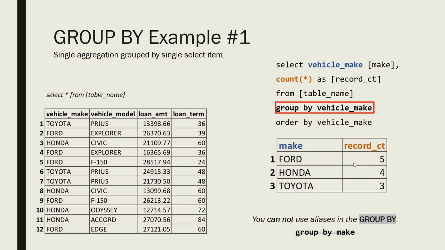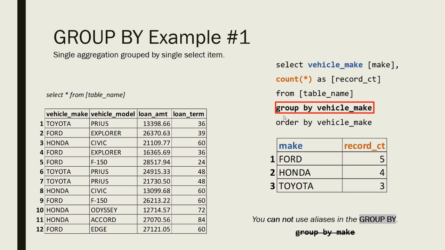All that said, another important thing to recognize with a grouping clause in SQL is that whatever field you're aggregating across, it's going to display the unique values for that particular field. And so that is going to determine the number of records in your output.